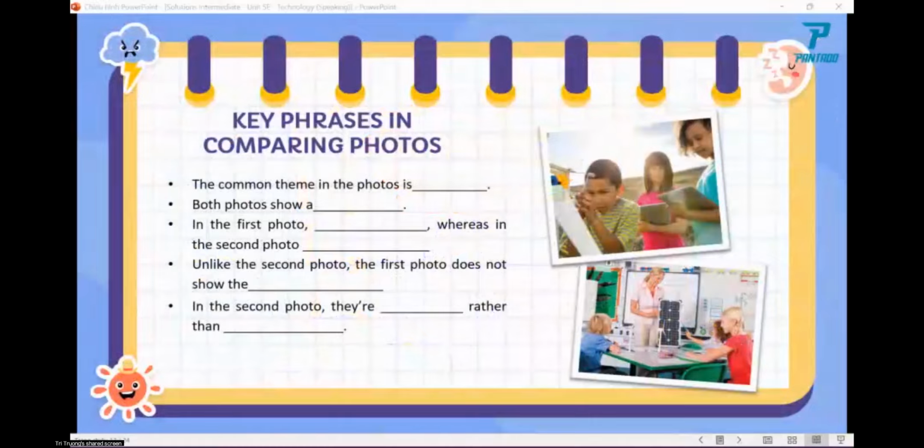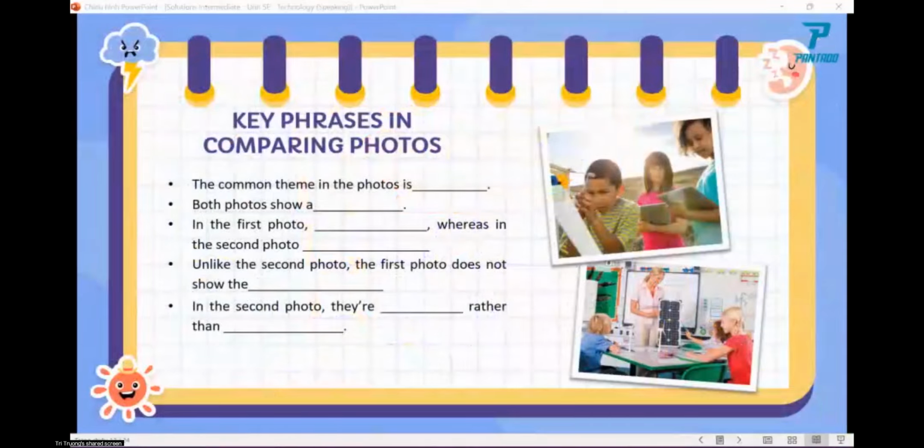Maybe education, maybe about the weather, maybe about classroom. Both photos show, cả hai bức tranh thì cùng diễn tả cái gì ta?